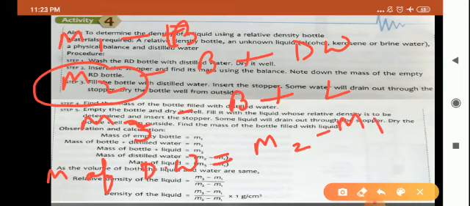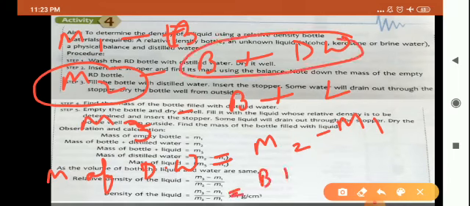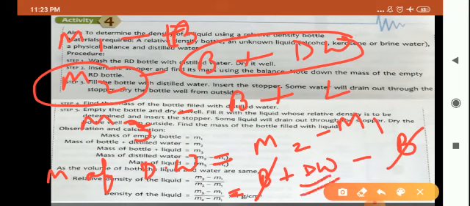We can take the mass of the bottle plus distilled water together, and from that, what do we subtract? The mass of the empty bottle. So the mass of the empty bottle will get subtracted, and you will be left with the mass of the distilled water. Am I clear, children?